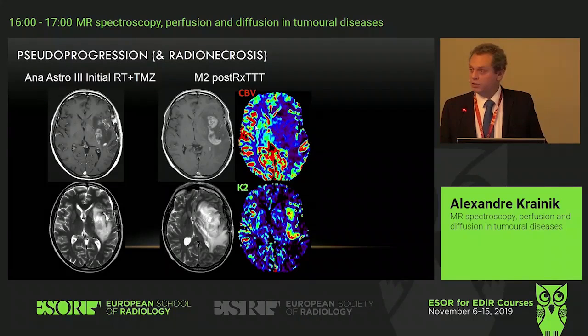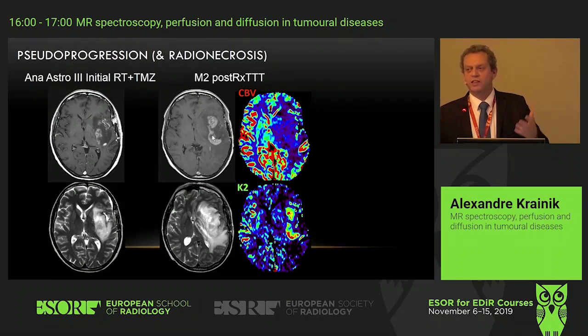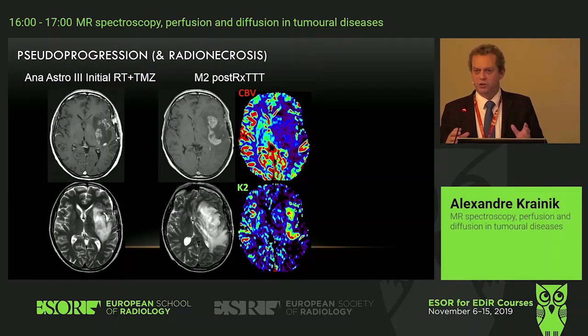And when you measure the perfusion, you see that the CBV, there's no increase in CBV. Then this is not due to an abnormal quantity of vessel with an important leakage. It's only leakage. Then you have to be very familiar with the fact that even in tumor, it's not because there's a contrast enhancement that it's due to hypervascularization.